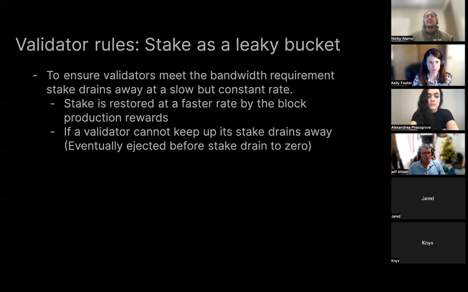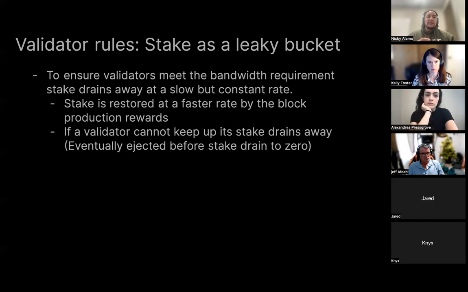We have something called stake as a leaky bucket. To make sure that each validator is contributing and meeting the bandwidth requirement, we have this mechanism in place that essentially takes your stake, and there's a very, very minimum slow leakage of stake that comes out of what you've staked on the total network.